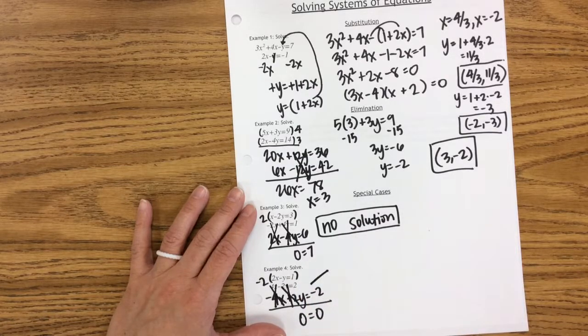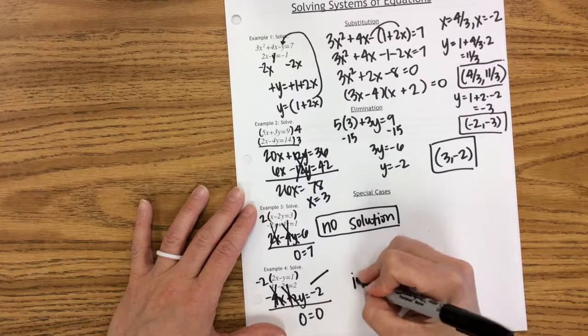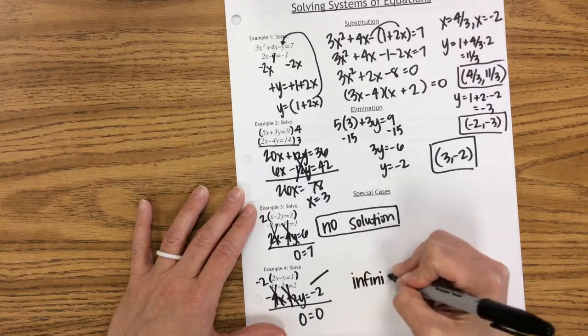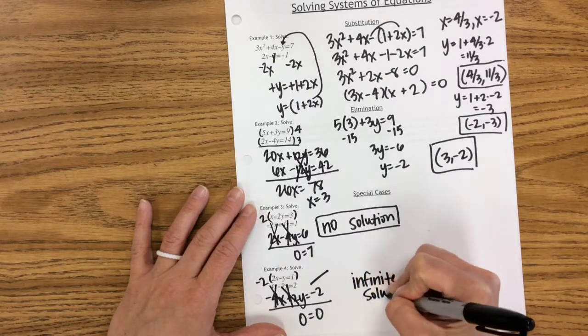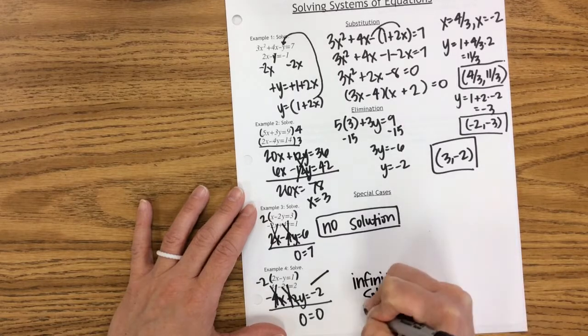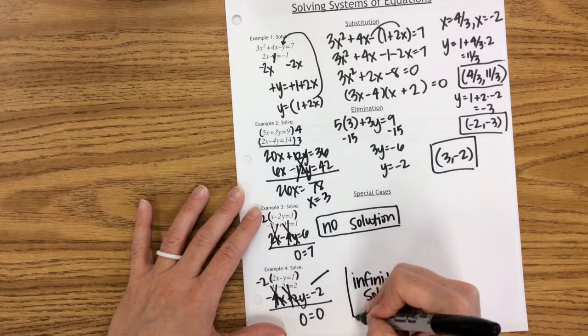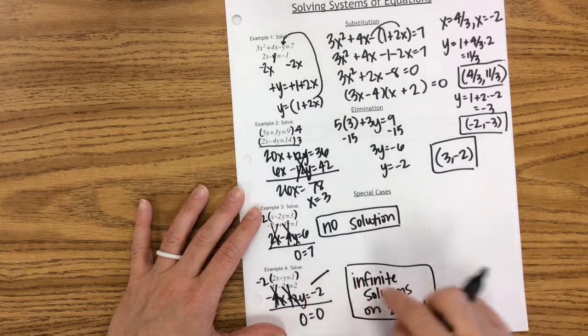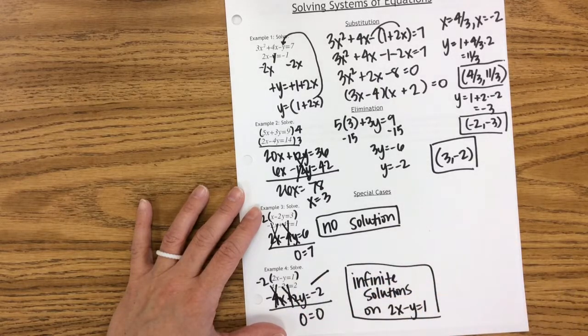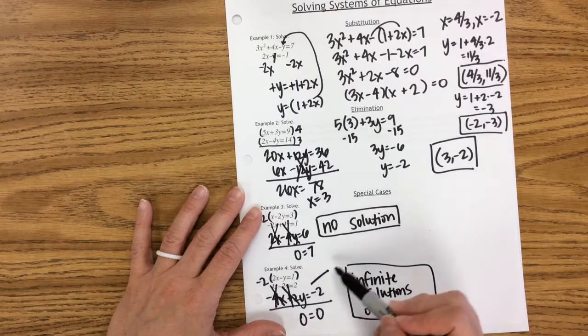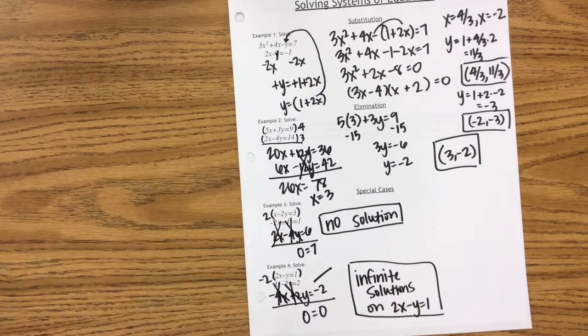They graph right on top of each other. So in this case, we would say there's infinite solutions. And the infinite solutions are all found on the line. So I'm just going to copy that top equation. Infinite solutions on the line. Anywhere on the line would be a point that would make both equations true.